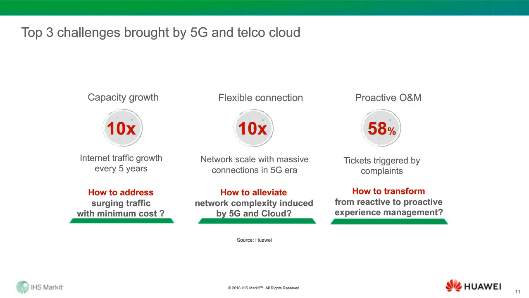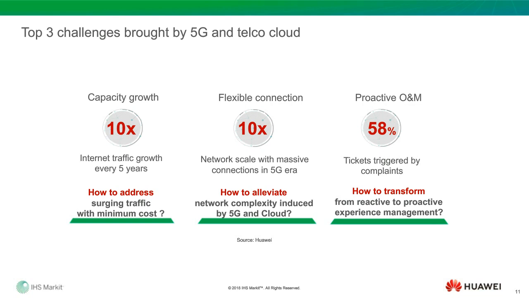The second one we call flexible connection. That will become very complex compared with previous networks. As Cliff mentioned, with distributed telco cloud, all the elements, no matter whether it's a VNF or whatever, need a connection. And the connection is not just between physical devices. They need to connect between physical devices and the virtual environment.